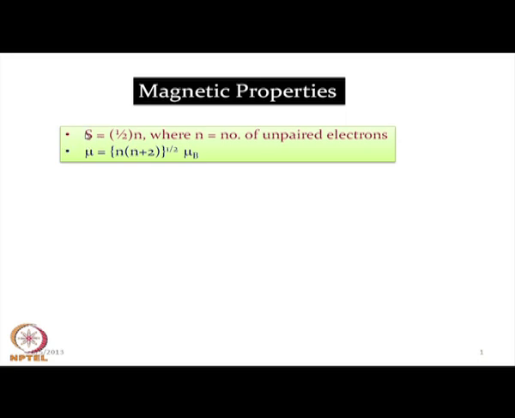For a simple coordination cage compound or coordination cluster compounds, we see these S values are very high. Similarly, these S values we will find in the case of lanthanides, where we have 7 f orbitals, and 7 f orbitals can accommodate 14 electrons.